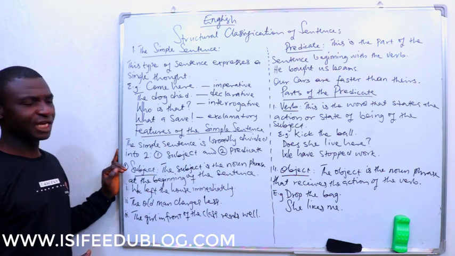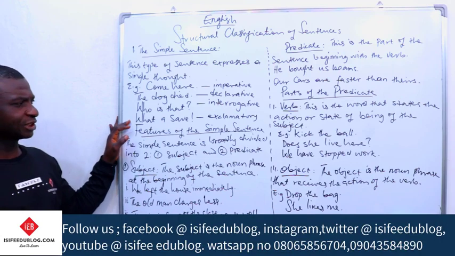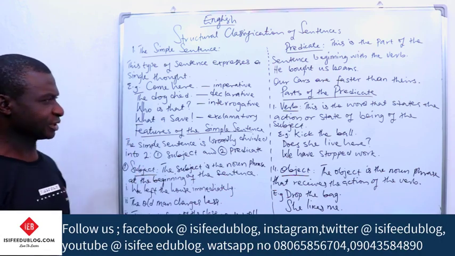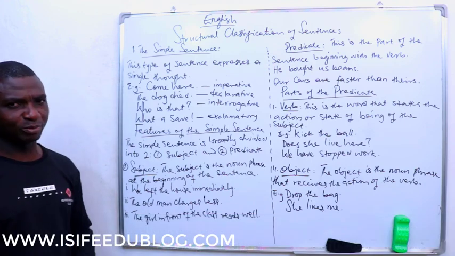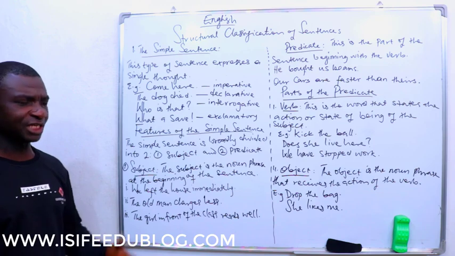What a save! That's the last sentence here. Now, in watching football, you hear commentators, when a goalkeeper does a brilliant job stopping a shot, the commentator might be forced to exclaim, what a save!